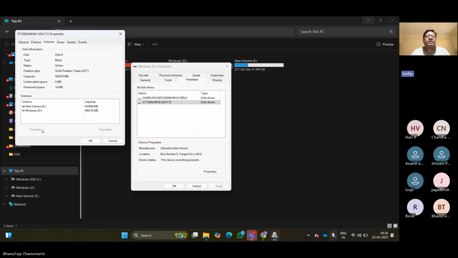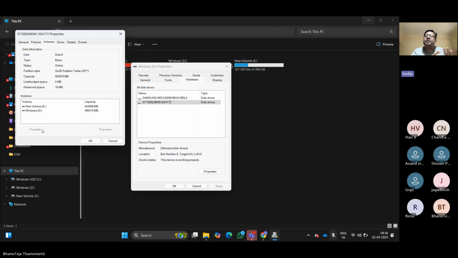Now let us see the characteristics of this Seagate spinning hard disk. It is able to identify what the partitions inside are, which means this entire hard disk has been logically partitioned into two. What is this logical partitioning? The same way we live in apartments: it's one whole big building, but each flat is like a partition. We own a portion of that entire building, and our portion is our own flat.